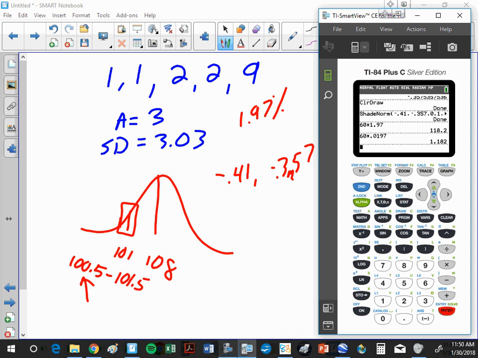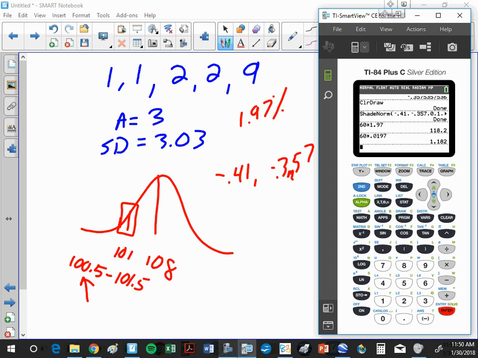One person. 1 out of 60. So the answer is 1. One person. Yep. So we expect 2% of the people to get 101, but if we only have 60 people, then 2% of 60 is just one person. It's actually 1.1 people, but we would expect one. What if it came out 1.6? Then it would be 2 people.